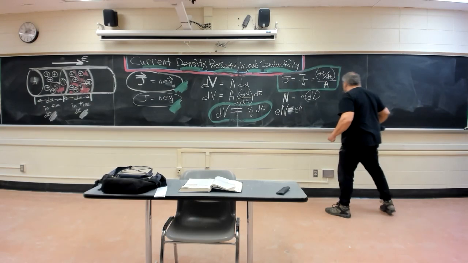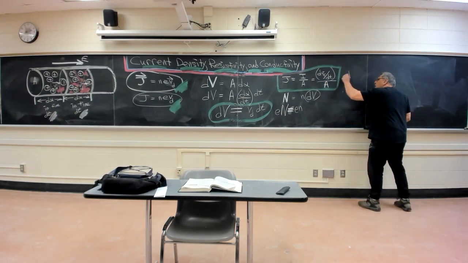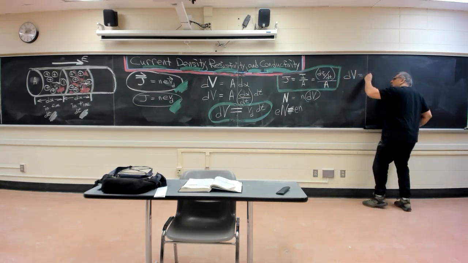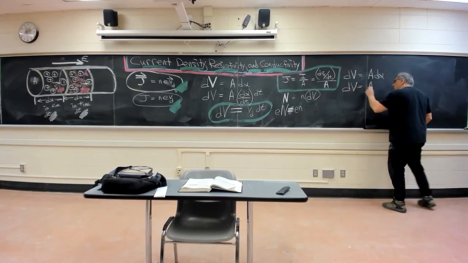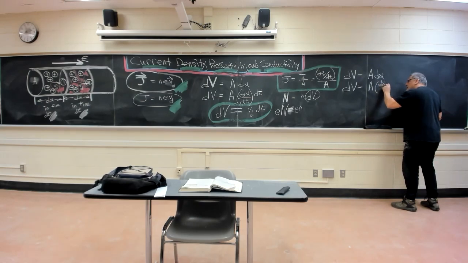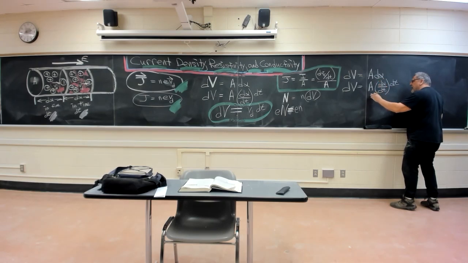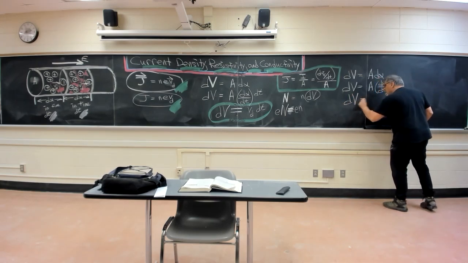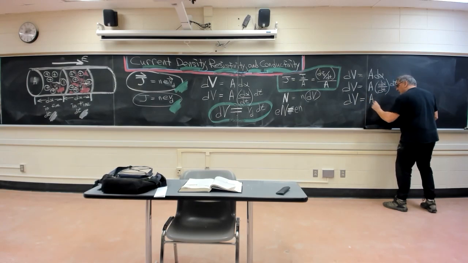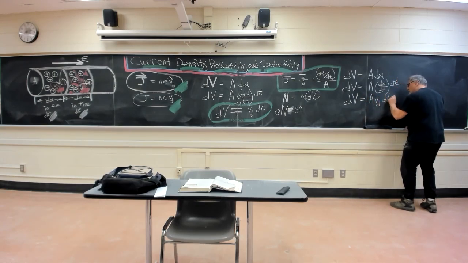What is delta V? Okay, that was my carelessness. Delta V is A dx. Delta V is A delta x, which is A V sub d dt.